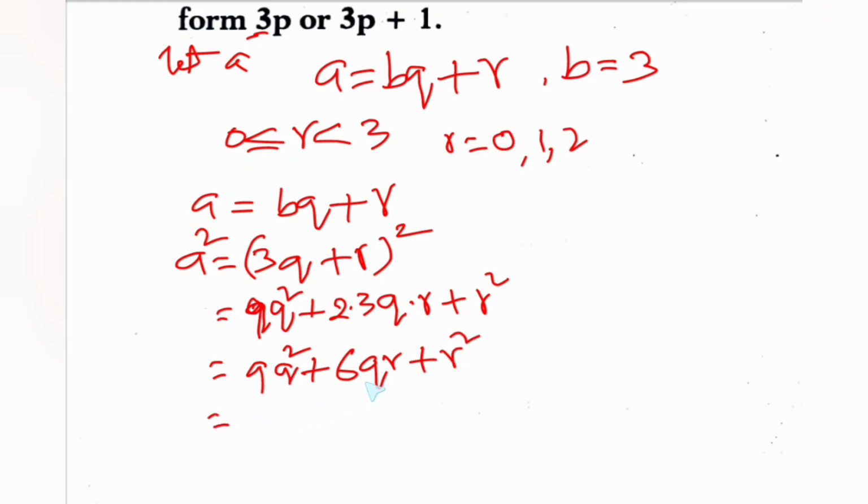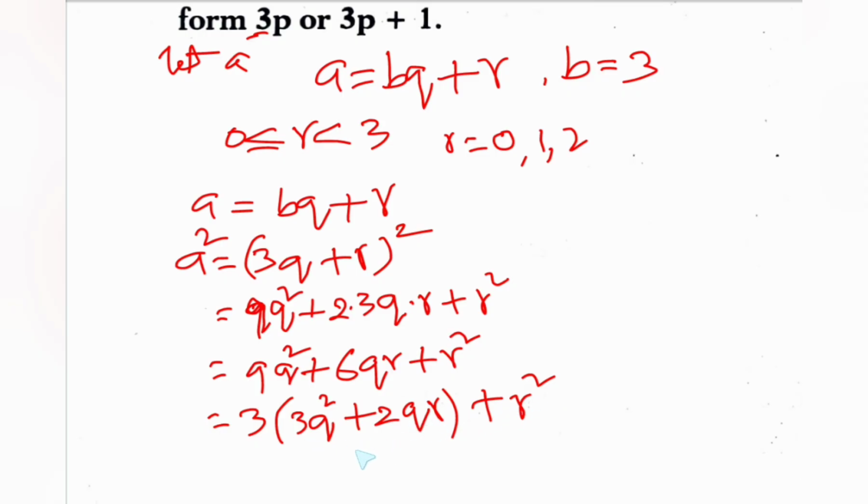Here 3 is common, I am taking 3 common: 3 into 3q square plus 2qr, plus r square. This is a square is equal to 3 into 3q square plus 2qr plus r square.